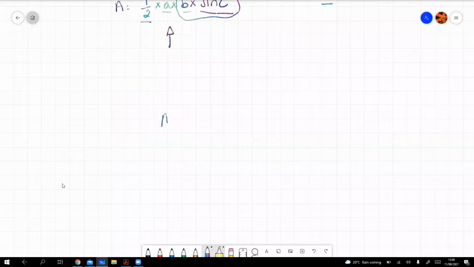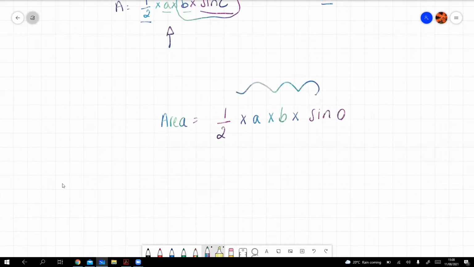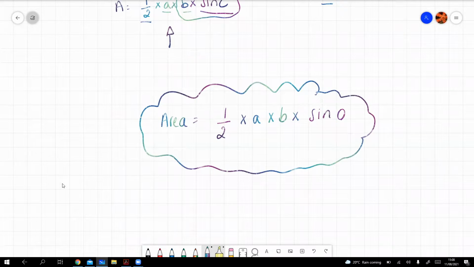So I'm just going to write that out. Area equals a half times A times B times sine C. Okay, and I'm just going to get rid of that because sometimes the laptop changes it. There we are.